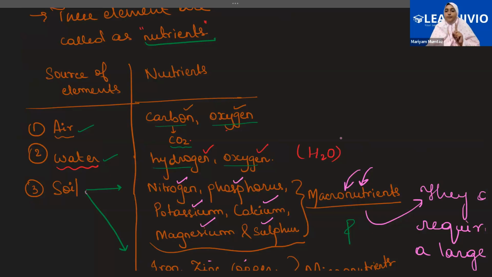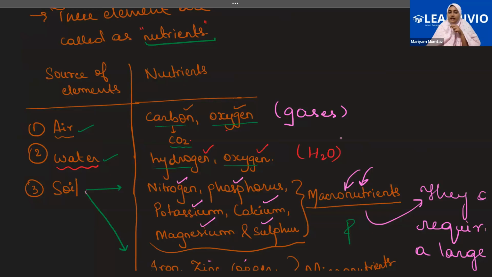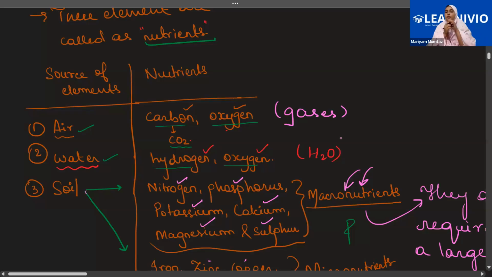The first source of elements is the air. From the air, all the gases can be obtained, like carbon and oxygen. These are the major gases taken by the plants through the air. Then comes the water. Whenever you want to water the plant, do you put it on the leaves or in the soil?